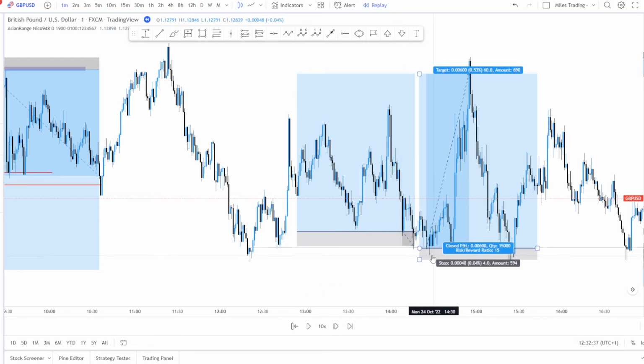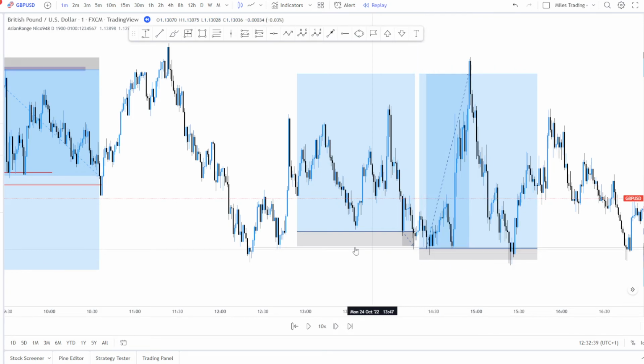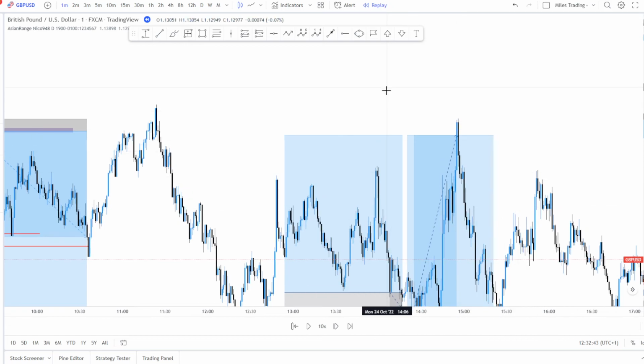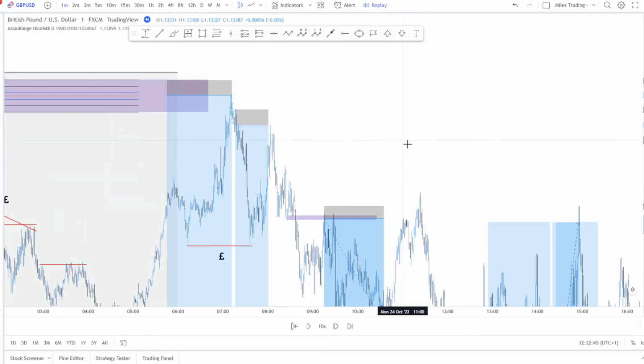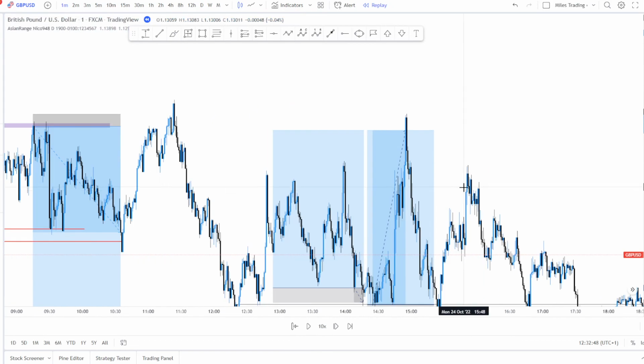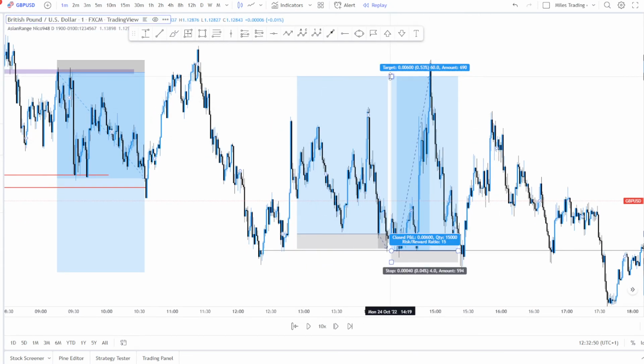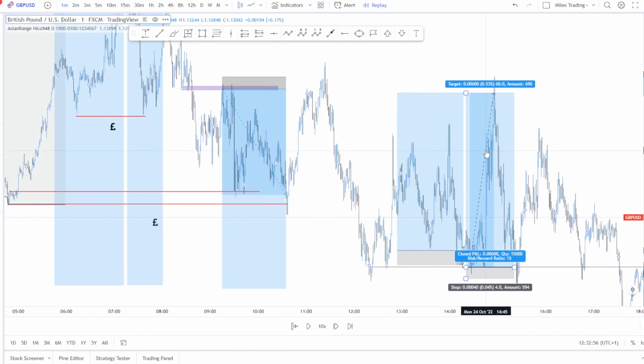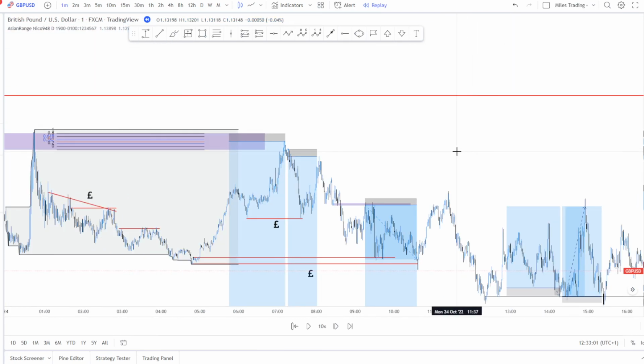But yeah, so I entered this over here with a 4 pip stop right here, and my overall target was a little bit higher, but my partials were around here somewhere. So I did catch a decent amount on that trade. I did lose that one, but I caught these 3 right here and this trade right here, and then I stopped trading for the day.